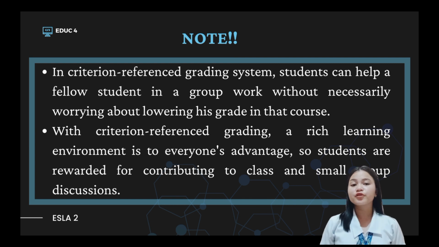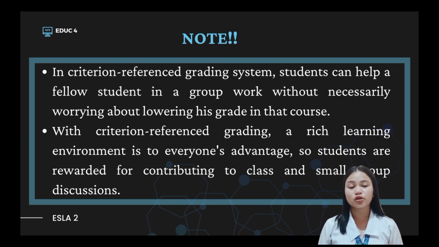In a criterion reference grading system, the student can help a fellow student in a group work without necessarily worrying about lowering his grade in that course. So, with criterion reference grading, a rich learning environment is to everyone's advantage. Students are rewarded for contributing to class and small group discussions.